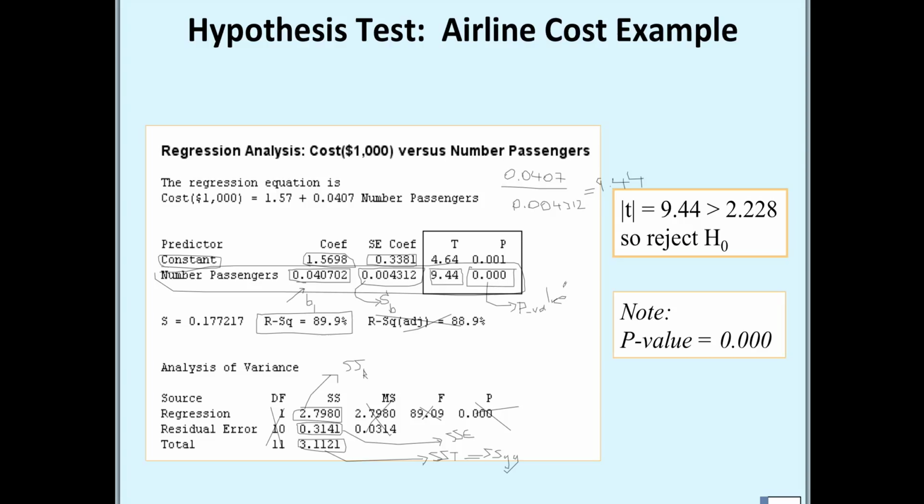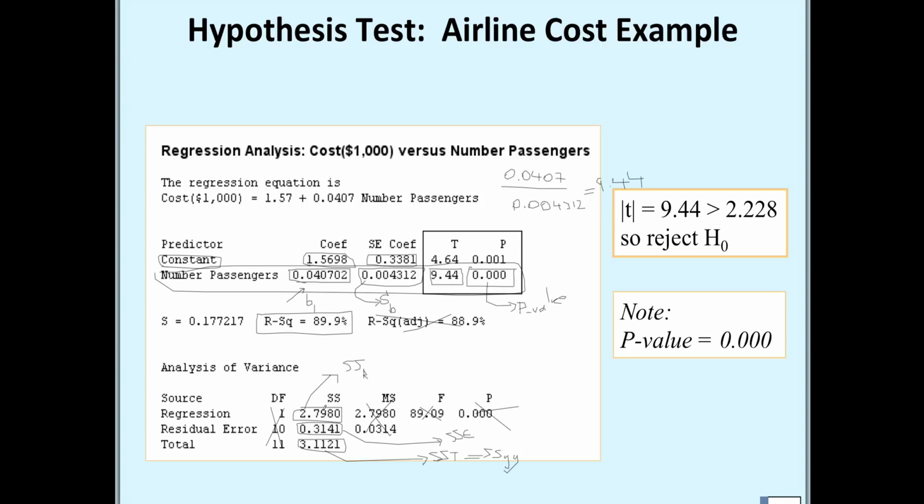First, if I give you such an outcome, you should be able to write down the regression model. Second, if I give you the coefficient and standard error, you should be able to find T. If I give you coefficient and T, you should be able to find SE. If I give you two of them, you can find the rest.